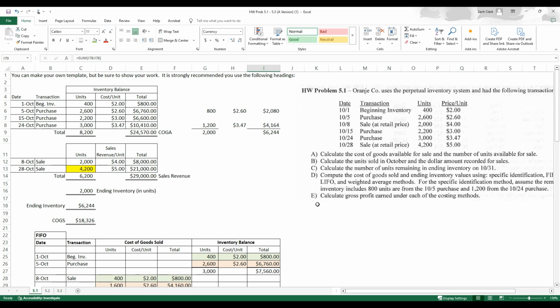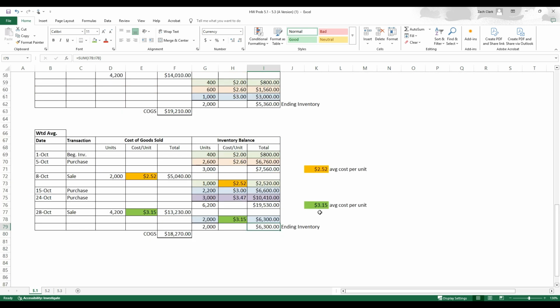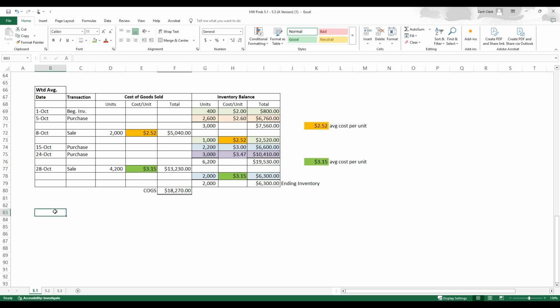And then it asks us finally to calculate gross profit earned under each of the costing methods. So let's do that. How do we want to do this? Let's do method, and let's do specific identification, FIFO, LIFO, and weighted average.